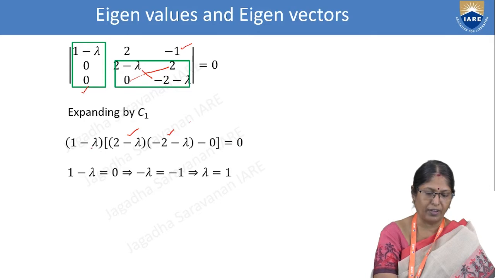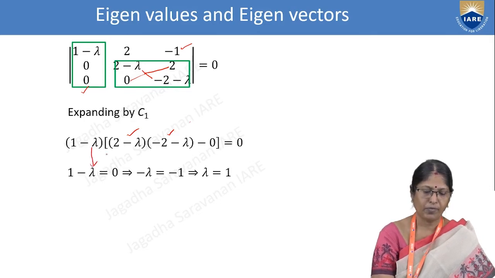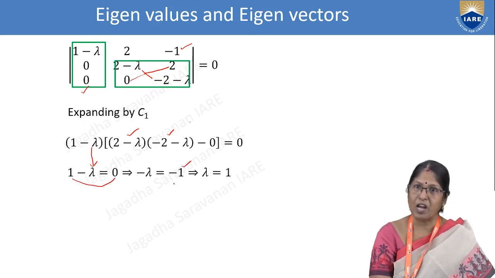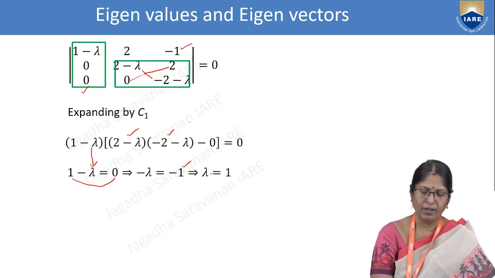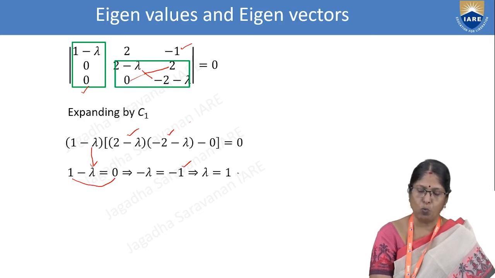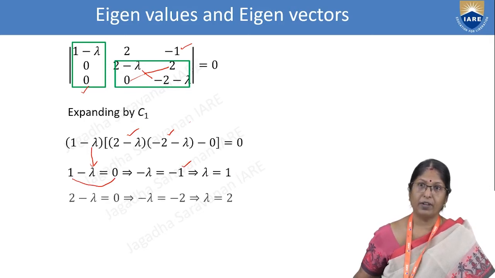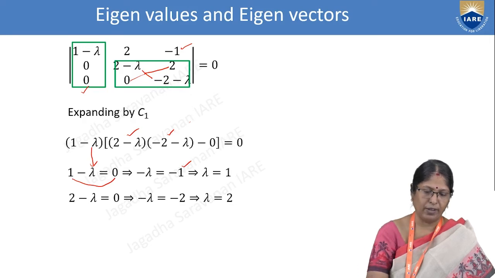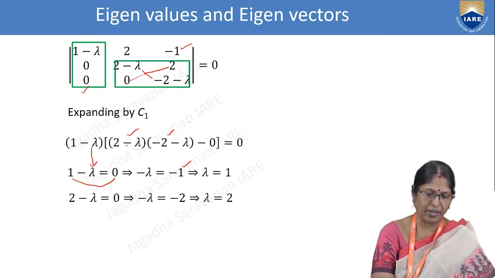You can see that written here. So minus lambda equal to minus 1, so lambda equal to 1. Next, 2 minus lambda, that is this one, taken here.